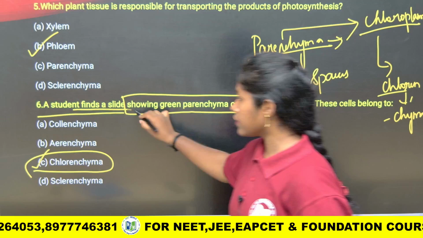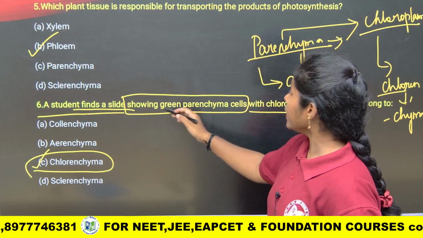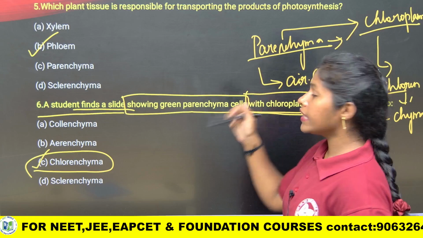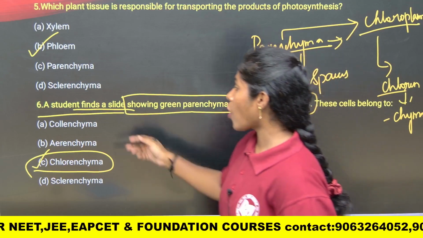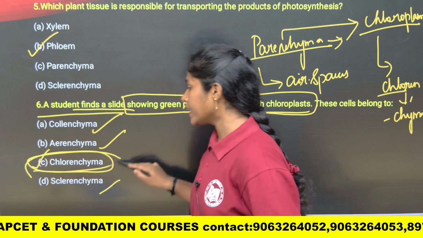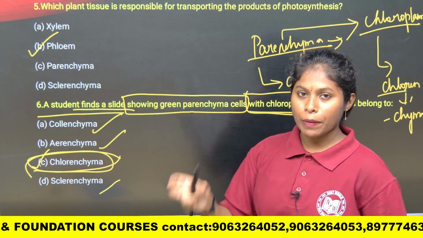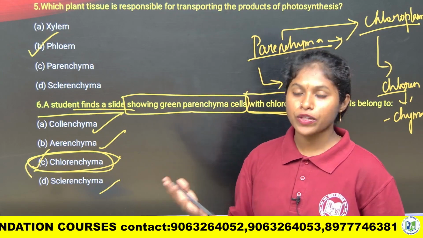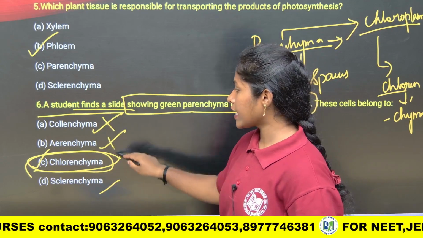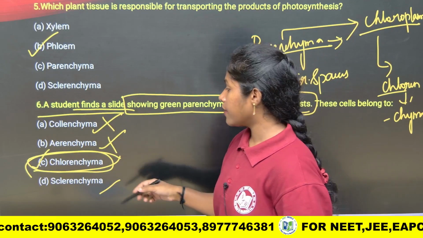They are asking, a student finds a slide showing green parenchyma cells with chloroplast. Do these cells belong to collenchyma, aerenchyma or sclerenchyma? They are chlorenchyma, because chloroplast is present in the parenchyma, which we call chlorenchyma. It's not collenchyma, it's not aerenchyma, the air spaces are not there, right? Sclerenchyma.